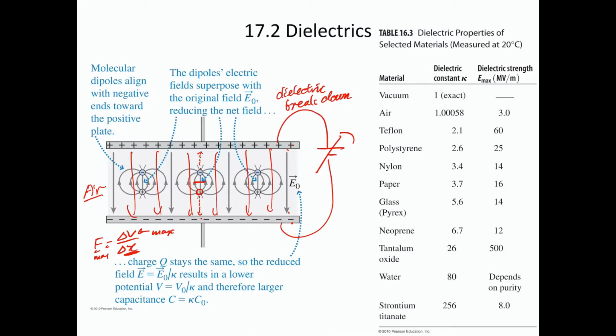Therefore, the electric field, remember, because it's delta V over delta X, is volt per meter. Now this is megavolt per meter. You see, vacuum is infinite because this is vacuum. Air is 3.0. So each one has a different value of dielectric strength.